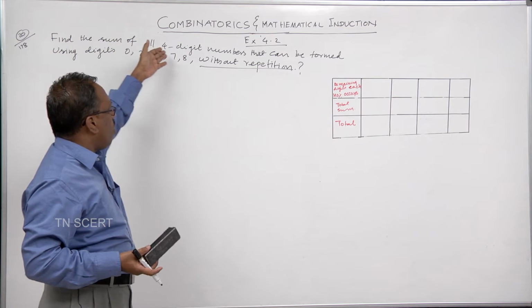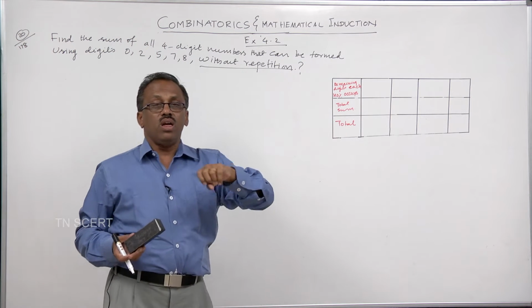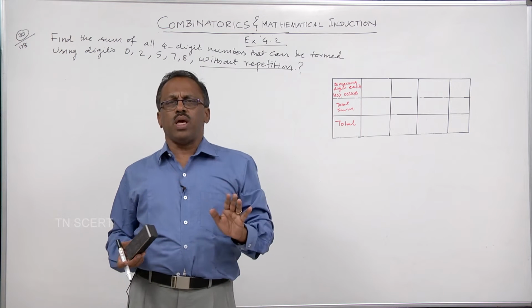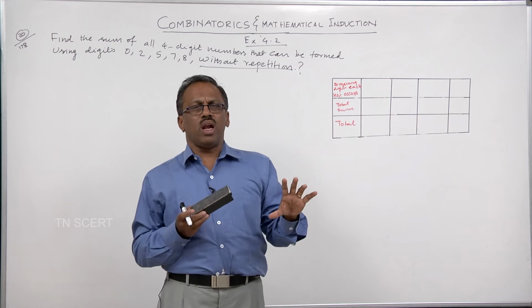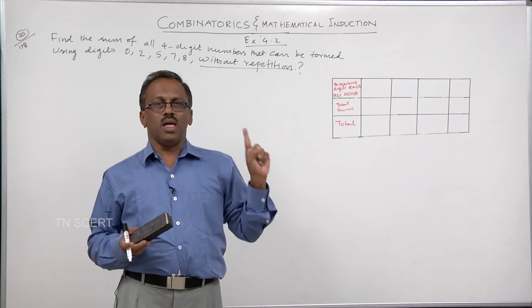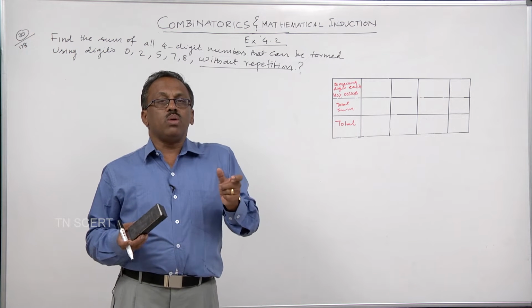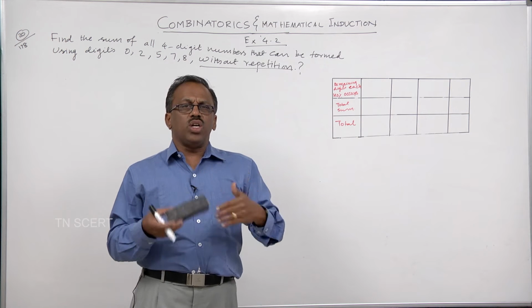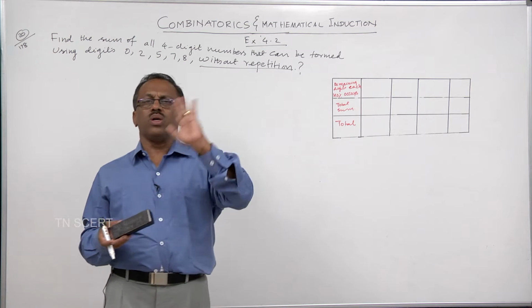Find the sum of all 4-digit numbers. So far, you have seen how numbers are arranged, how they are replaced, how they are given rank. But this problem is not like that. You have to collectively add up the numbers, and the digits also.